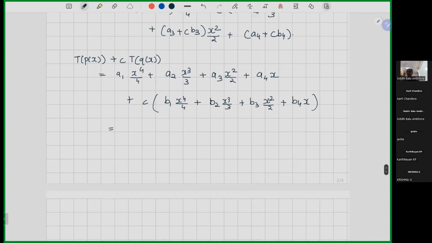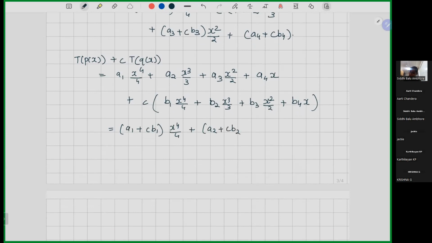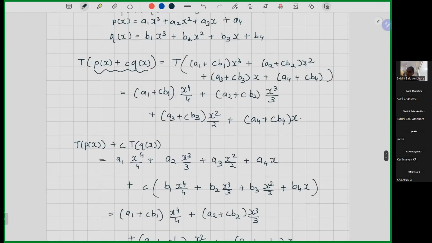When I take all the coefficients together, I end up getting (a1 plus c b1) x power 4 by 4, (a2 plus c b2) x cube by 3, (a3 plus c b3) x square by 2 plus (a4 plus c b4) x.